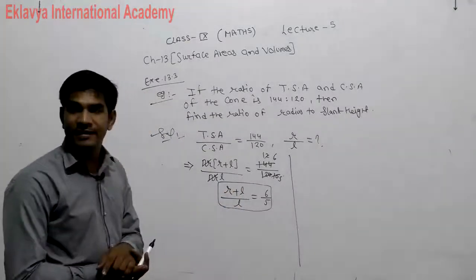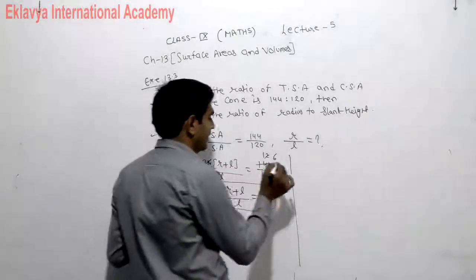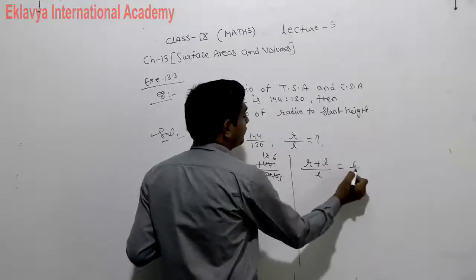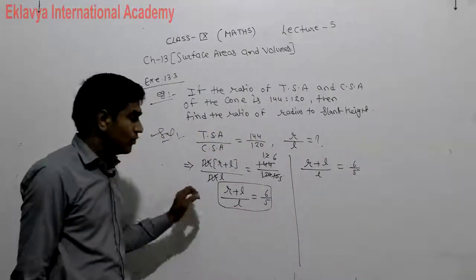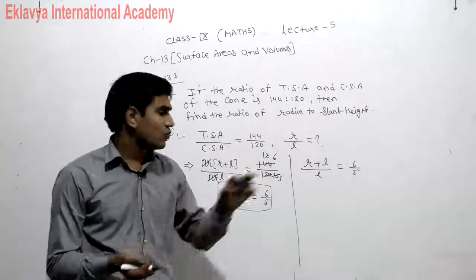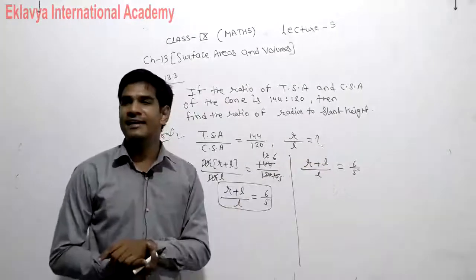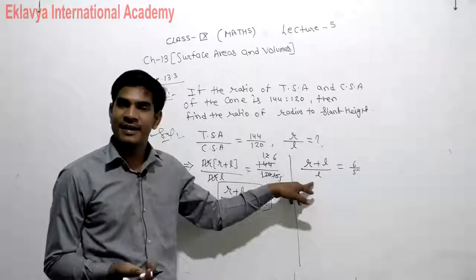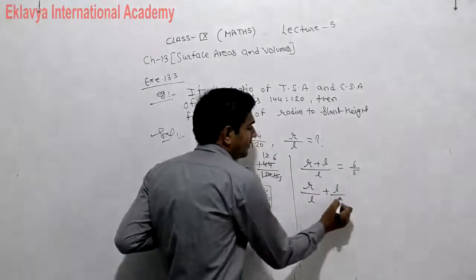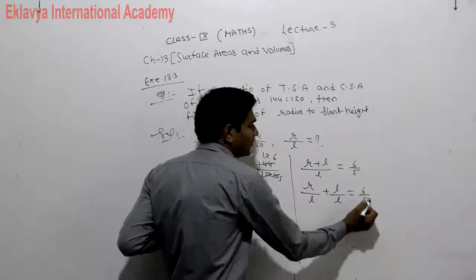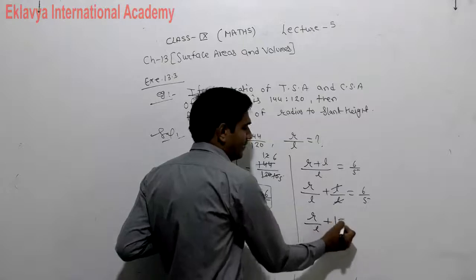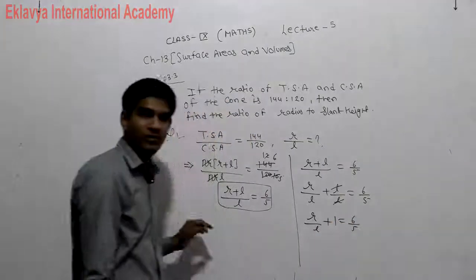So how will we find the ratio of r by l? First condition: r plus l upon l equals 6 upon 5. Now l is in the denominator, so l divides r as well as l. That can be written as r by l plus l by l equals 6 upon 5. l cancels. r by l plus 1 is equal to 6 upon 5.